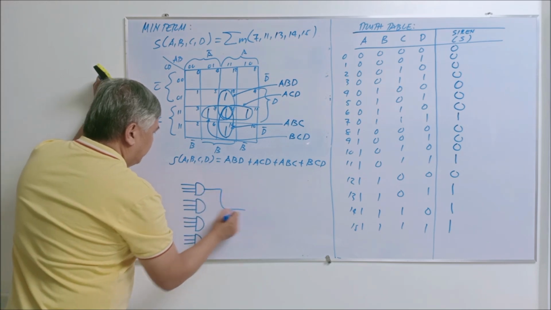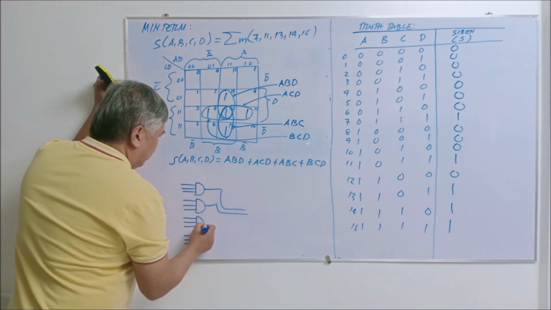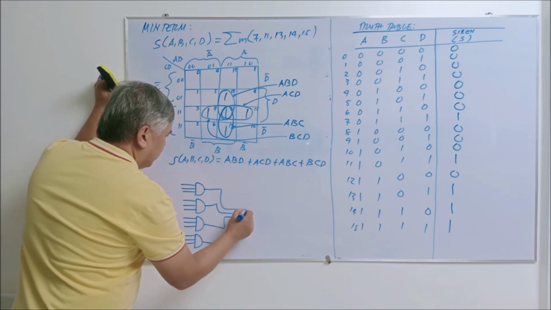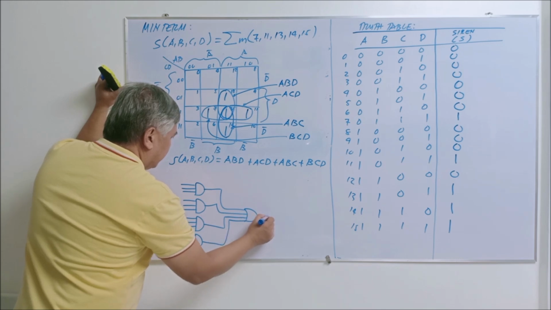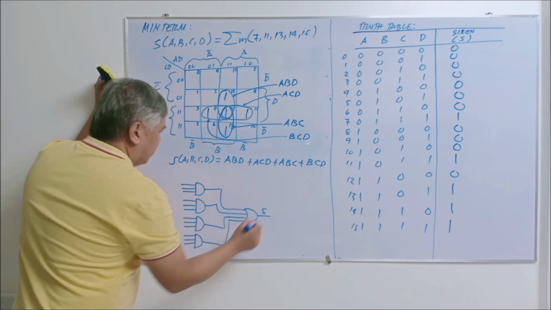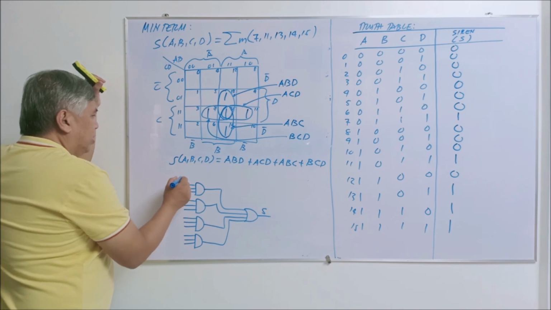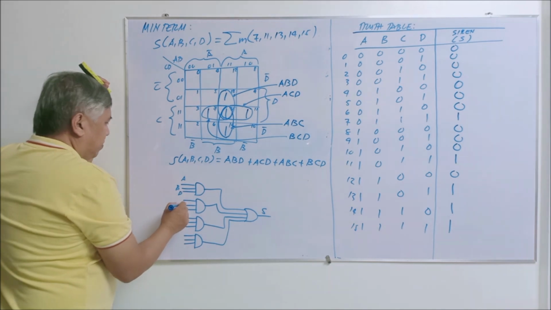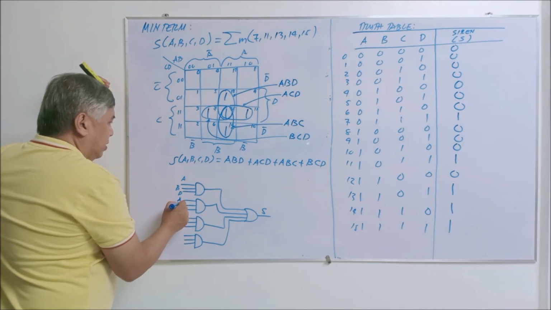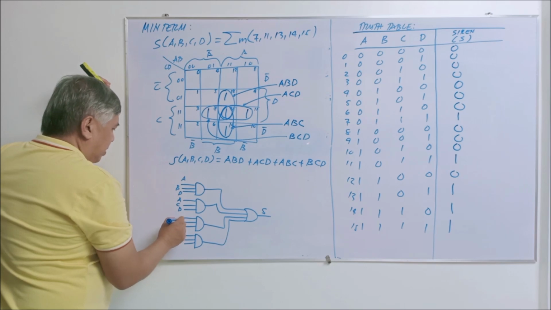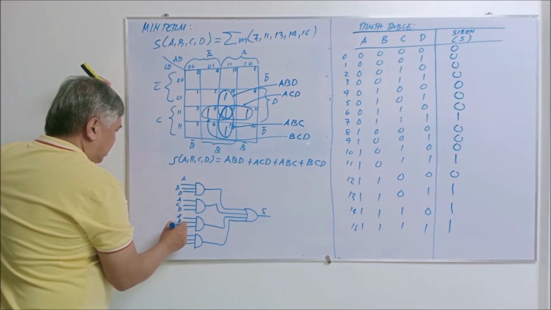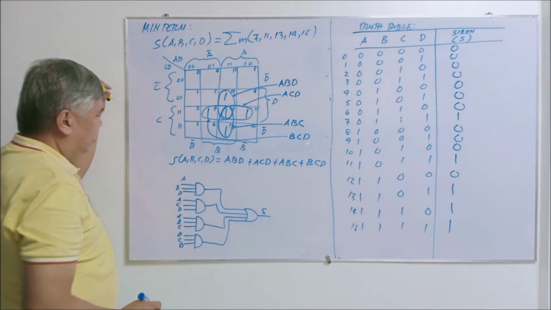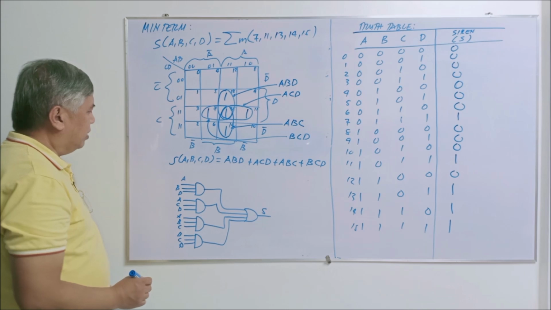And all of these are being added together, or ORed, using an OR gate. So this is your S as a function of A, B, C, D. So this will be your logical circuit equivalent.